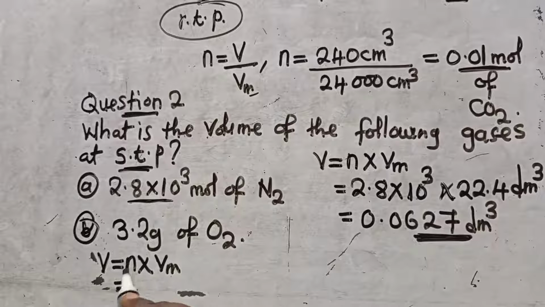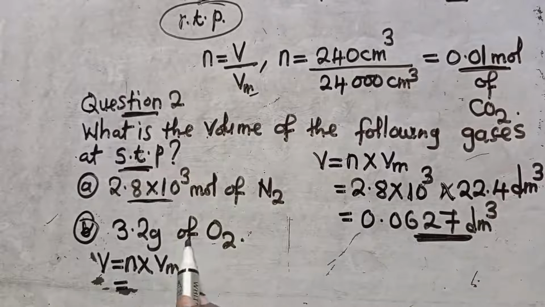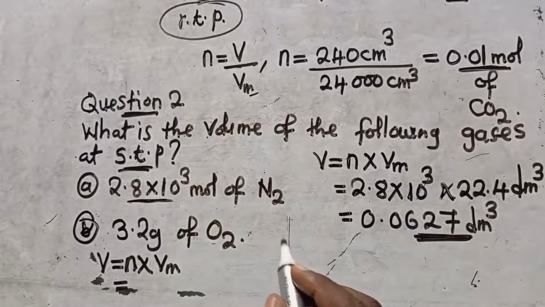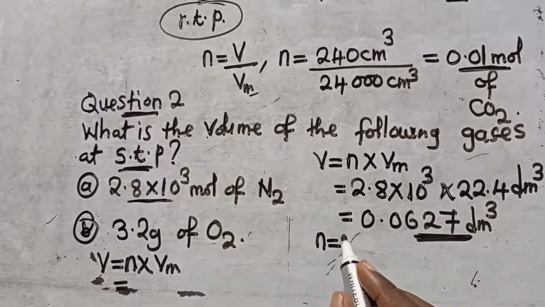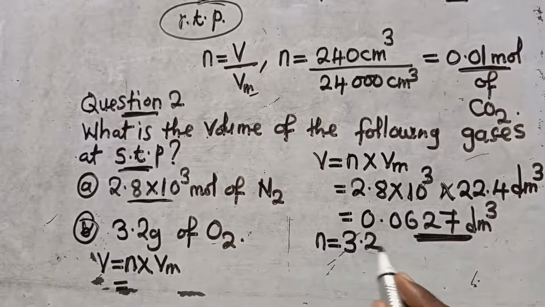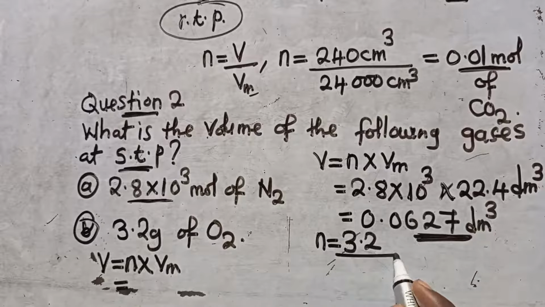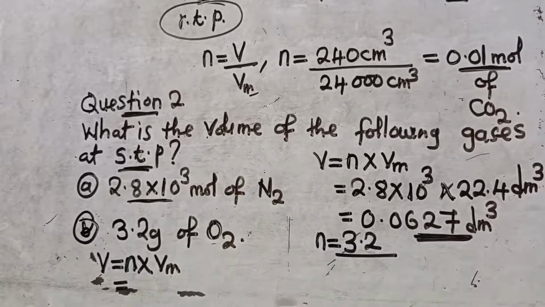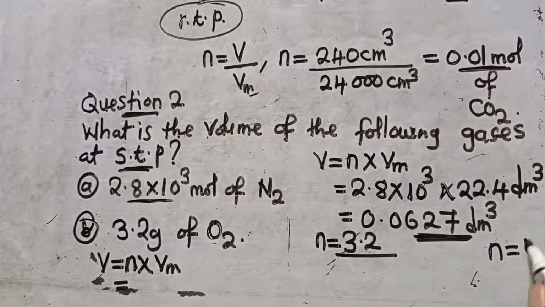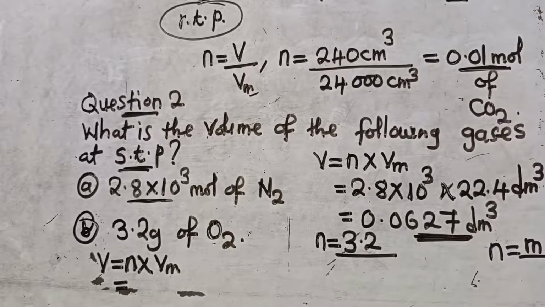You don't have the number of moles, but you are able to calculate it using the formula: number of moles is equal to mass over molar mass.